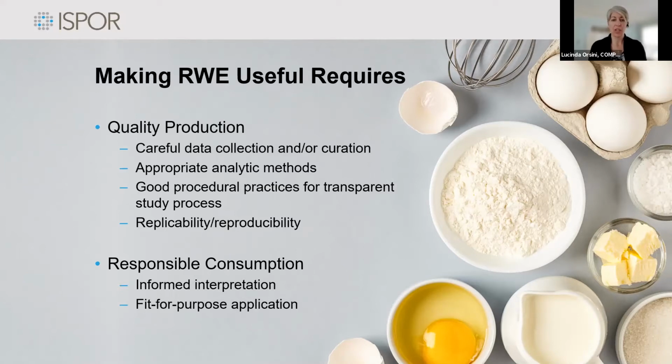Careful data collection and curation is of utmost importance. The appropriate analytic methods, I think, came through loud and clear about how important those are. Good procedural practices for transparent study processes are also important, as well as the replicability and reproducibility that really can highlight the quality of these data, especially if they're handled correctly and analyzed appropriately.